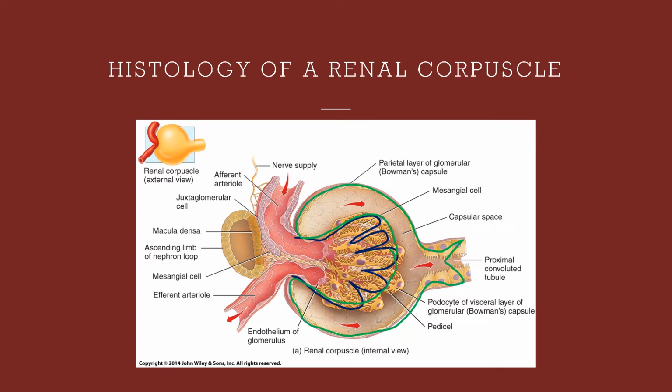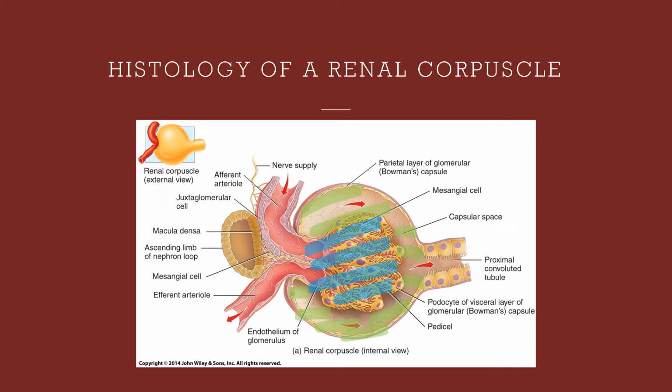So the fist, again, being the glomerulus, and the balloon being the glomerular capsule. So here we can see the glomerulus, this mass of blood vessels right here. And then the glomerular capsule surrounding it totally here.